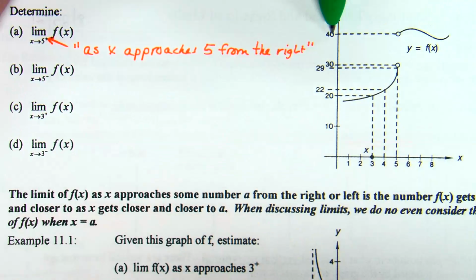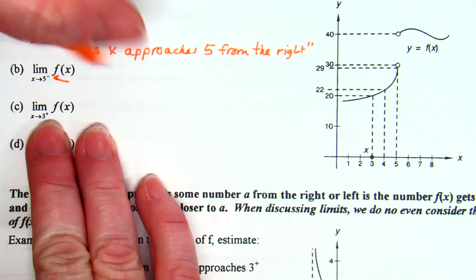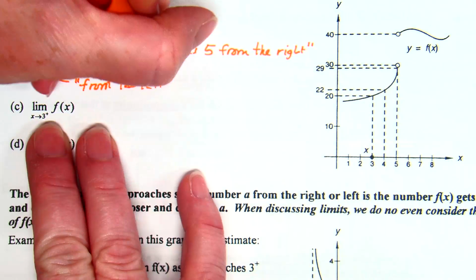Now, what's B asking? The same thing, but from the negative direction. Again, I always say from the left. However, officially, I should probably say from the negative direction, or I might even be able to say as the values, the smaller values? I don't know. So, okay, so now we want to approach 5 from the left. So we want to trace our graph over on the left.